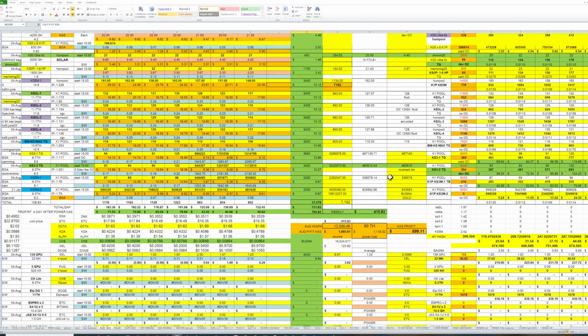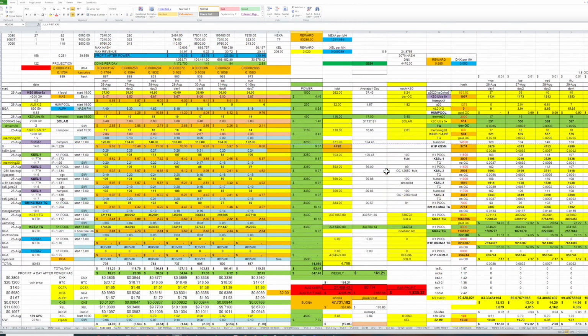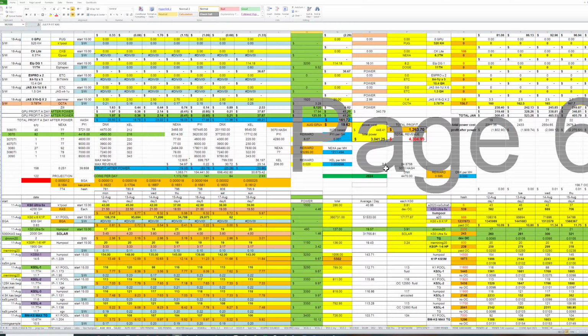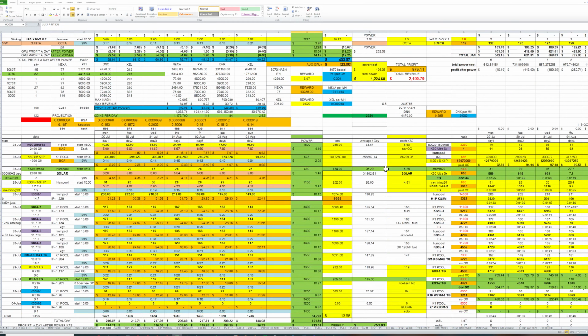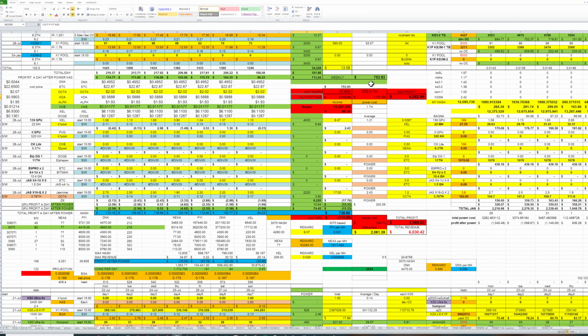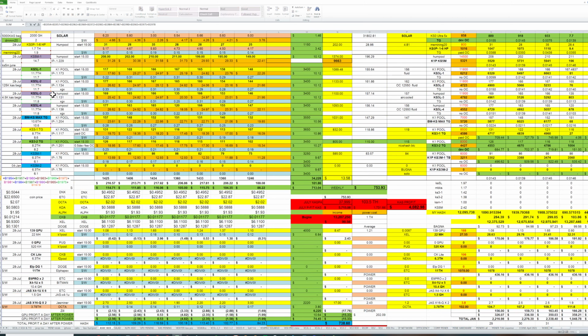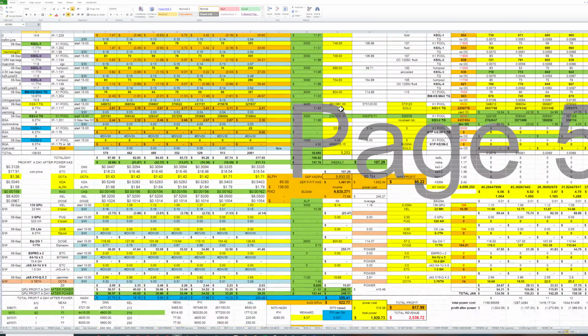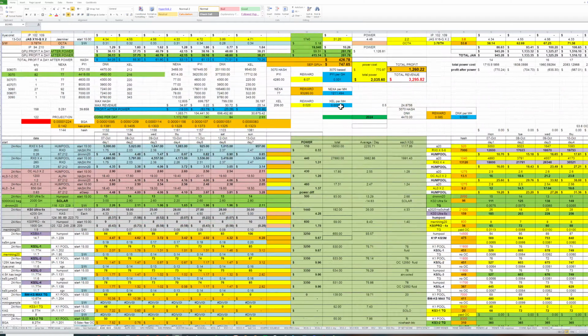Obviously I'm using a lot less hash rate now, only 80 terahash. What did we use in July? 103 terahash, right? Yeah, 103 terahash. Let me see what I'm using right now in November.